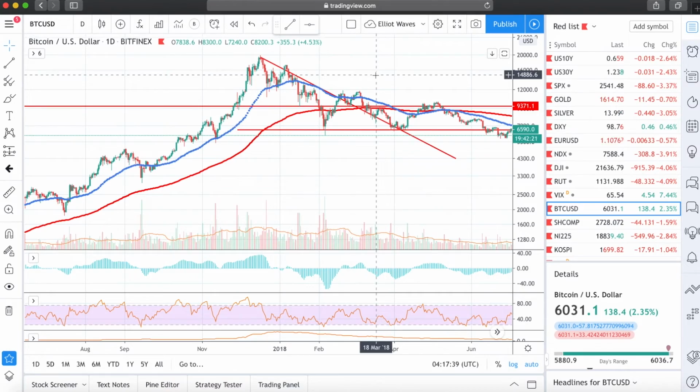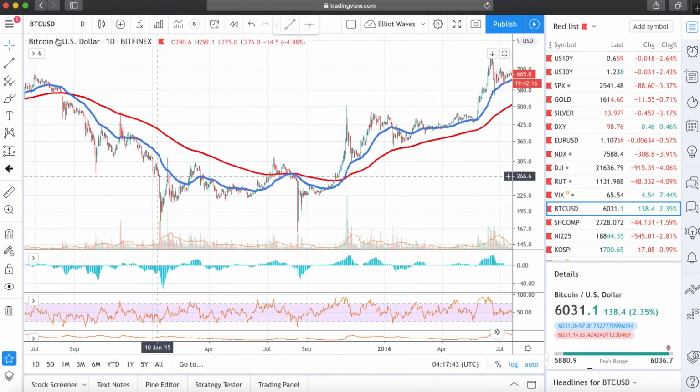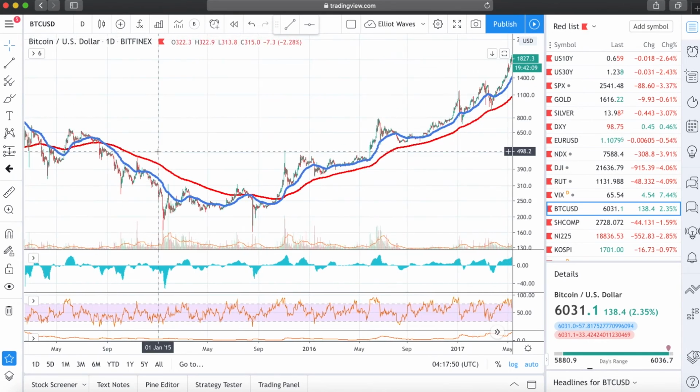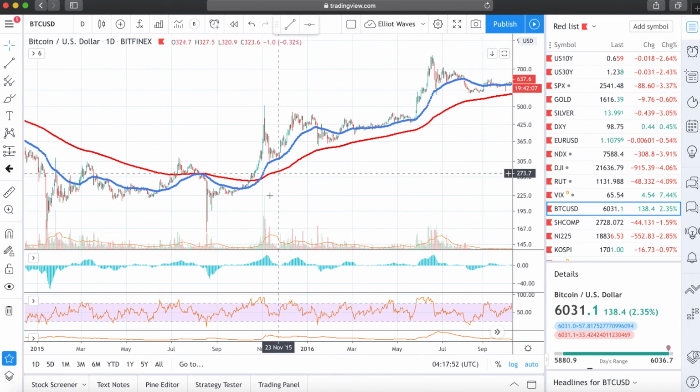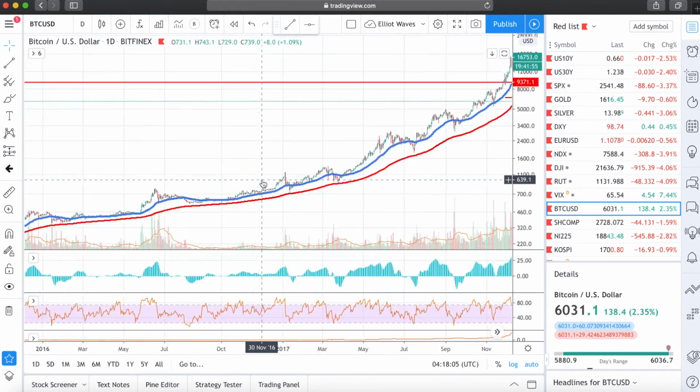Whenever the 50-day moving average crosses below the 200-day moving average, the death cross happens, you short. Whenever the 50-day moving average crosses and stays above the 200-day moving average, you cover your short and you stay long. You take the profit from your short and then you enter your long position. That's your system, very simple.